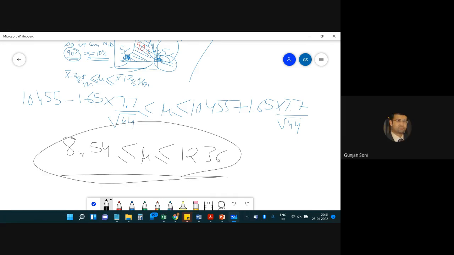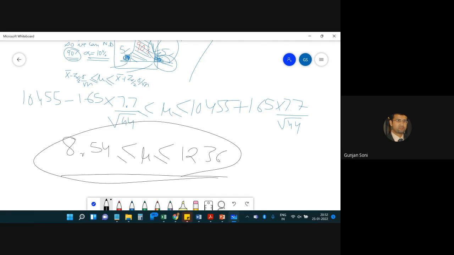Now, the meaning of this range is that, let's say I draw 100 samples, out of those 100 samples, 90 samples will have the mean lying between 8.54 and 12.36. They will correspond to a population which is having a mean of 10.455.